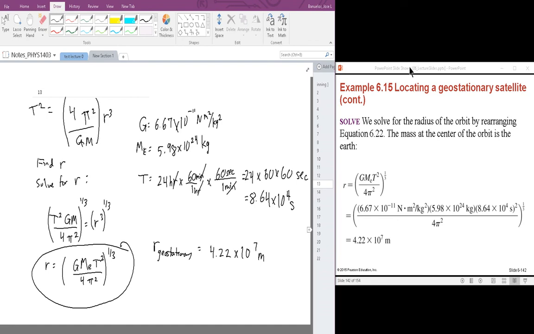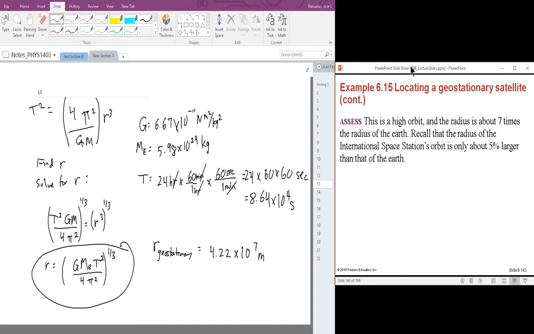Okay. So in this case, this orbit consists of a radius that's about 7 times the radius of the Earth. So this one right here is 7 times the radius of the Earth.